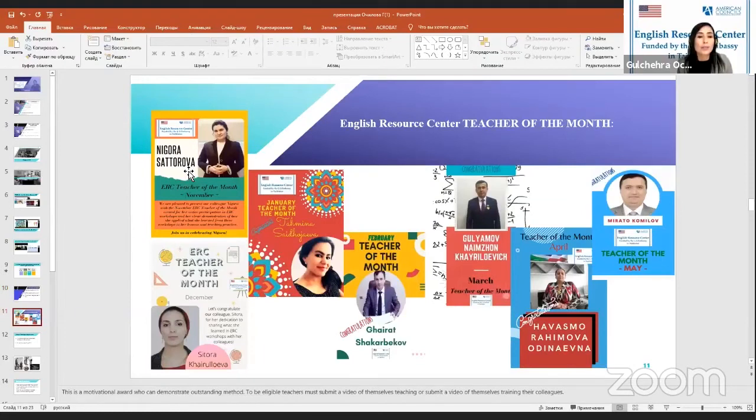Here, as you see in the photos, these are our English Resource Center Teachers of the Month. There are 7 teachers who have already received English Resource Center Teacher of the Month with the help of the English Resource Center. This is a motivational award for teachers who demonstrate outstanding methods using the resources taught by specialists and interns.